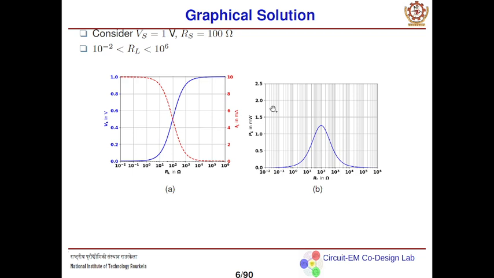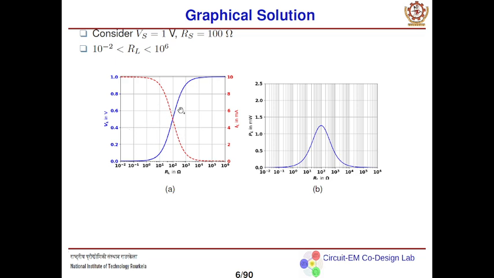Now this is a graphical solution of the maximum power transfer theorem. When your load is very small, towards the short circuit, the voltage drop is almost negligible and maximum current is flowing. When the load is towards the open circuit, or very high, your voltage is maximum and the current almost goes to zero, so there is no power.